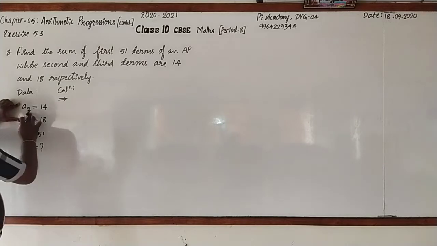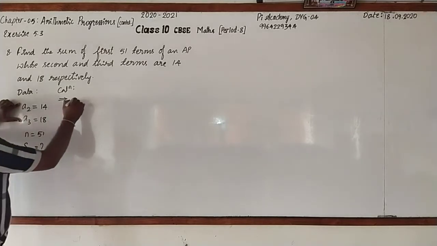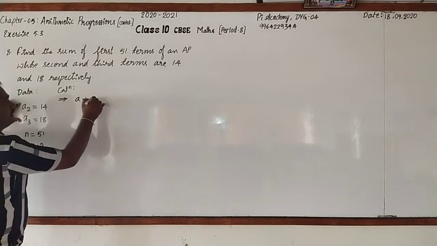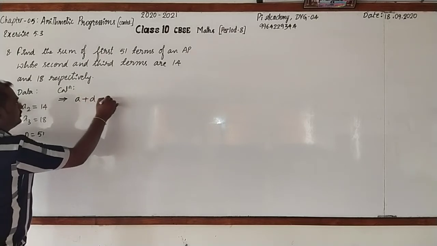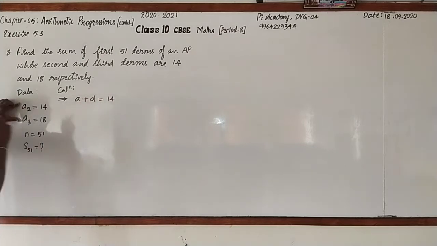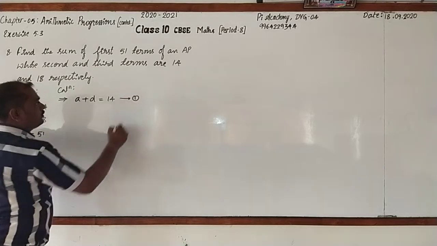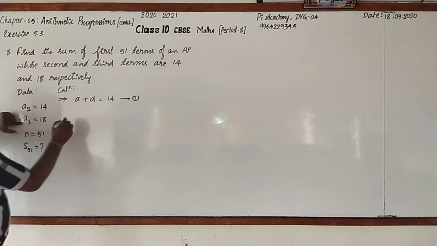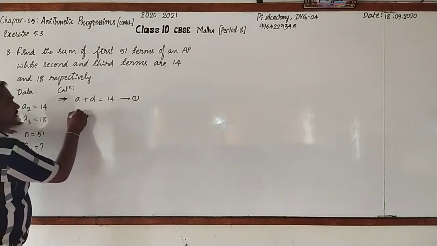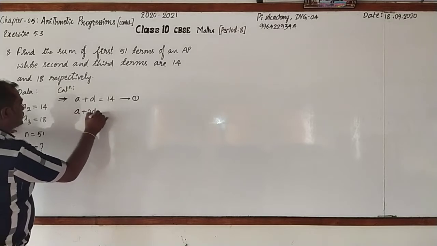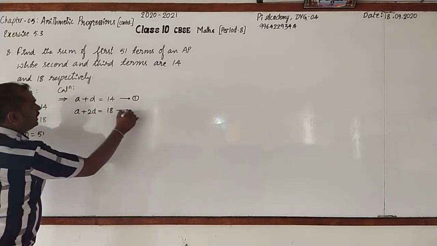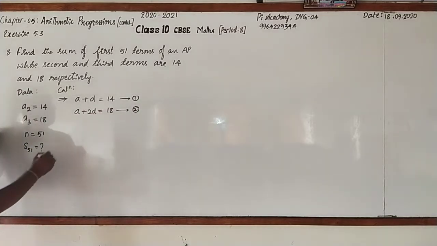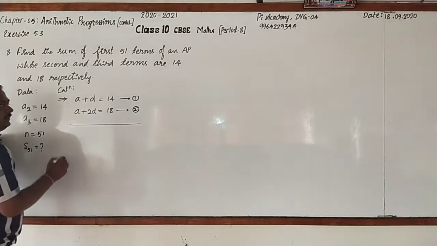Okay. We all know that second term can be written as a plus d, that is equal to 14. You may call this as equation 1. A3, this is third term, can be written as a plus 2d is equal to 18. Call it as equation 2. Change the sign.